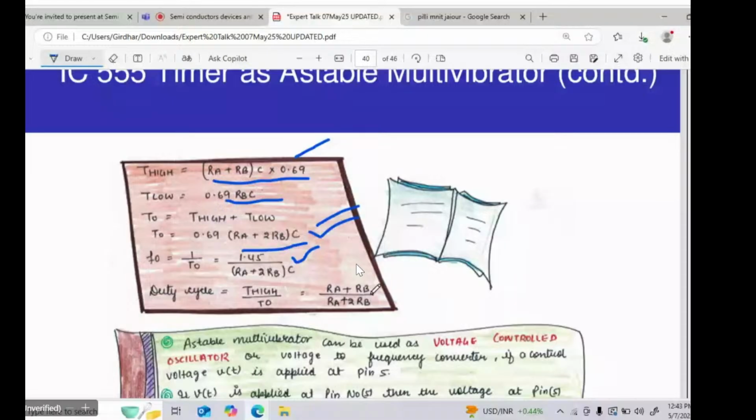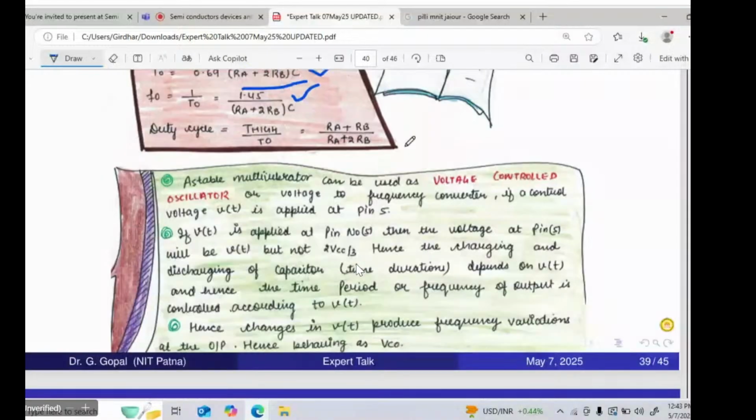These relationships are very helpful in solving problems. For example, an astable multivibrator using a 555 timer is given to you and you have to calculate the frequency. Or a monostable multivibrator circuit using the 555 timer IC is given and you have to calculate the total time period or the duty cycle.